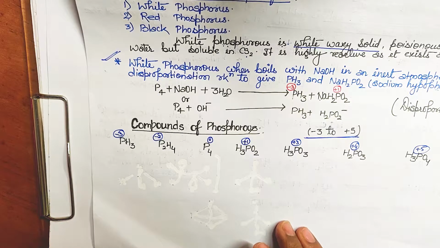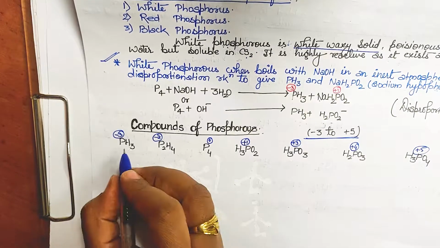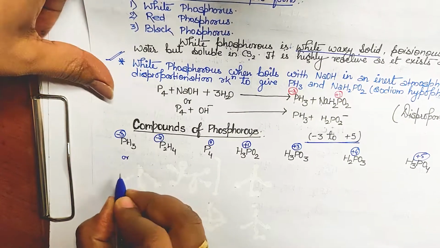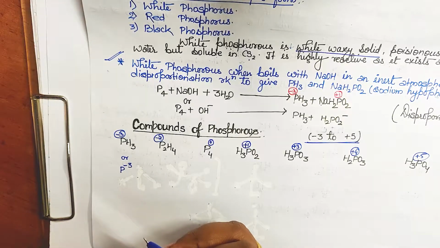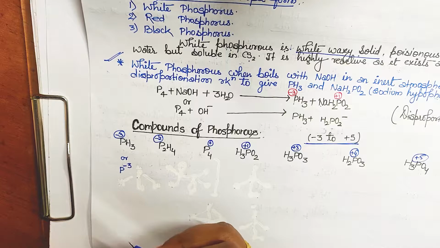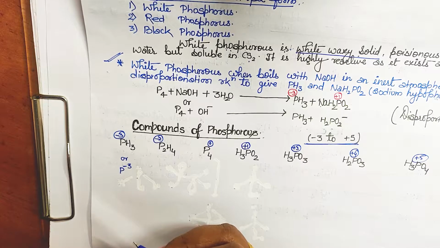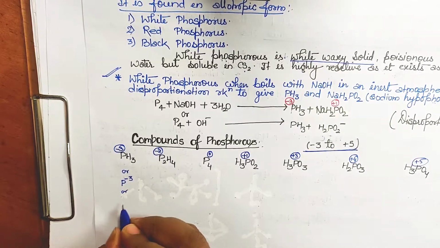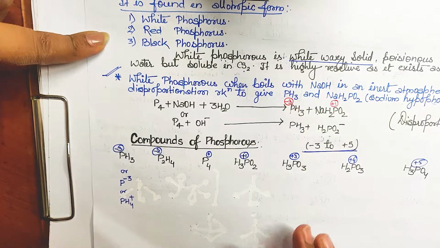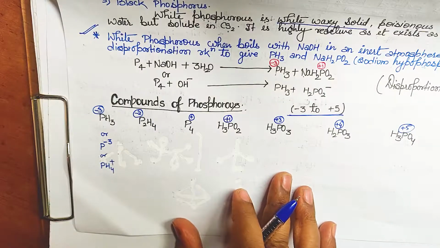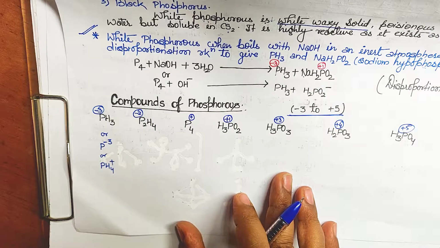Now, as I explained in the ammonia case, phosphine can also exist as phosphide, P-3. This is phosphide, and it is possible only with a metal. Got it? Now, what else? It can form PH4+, the phosphonium ion. As it was the ammonium ion, here it will be the phosphonium ion. Clear?